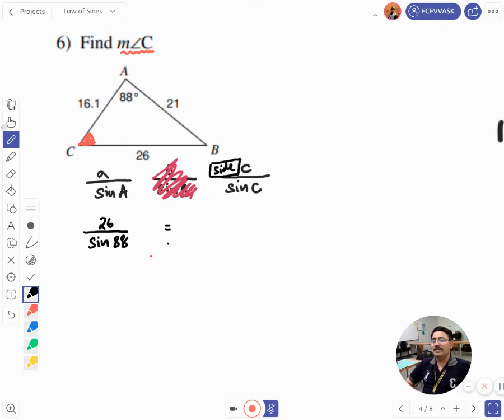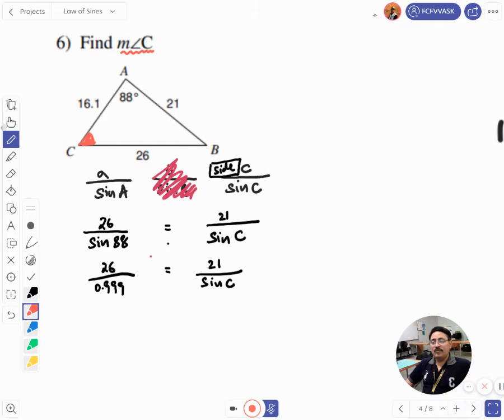So side C, the side opposite to angle C, is 21 over sine C. So 26 over sine 88 degrees, I'm using the calculator, sine 88 is 0.999, equals 21 over sine C.